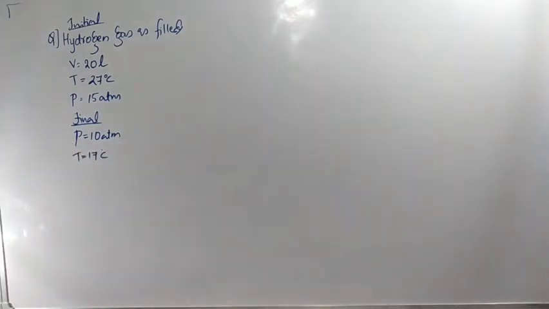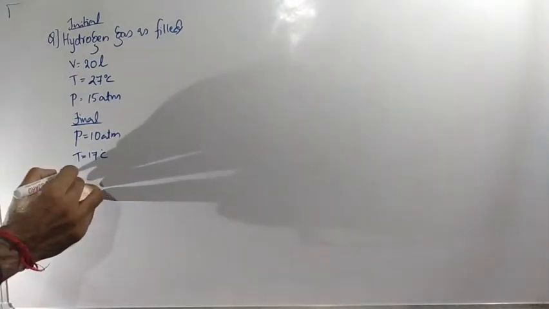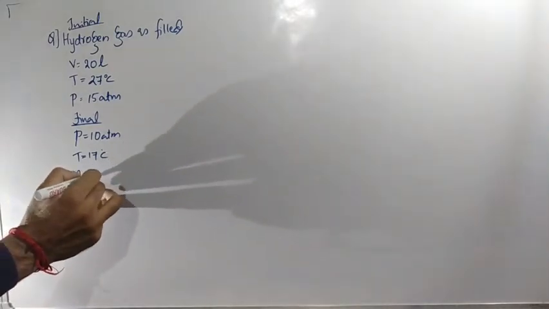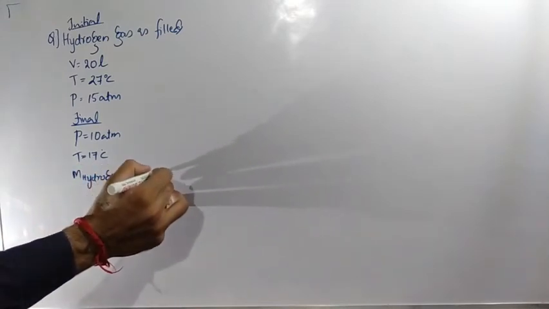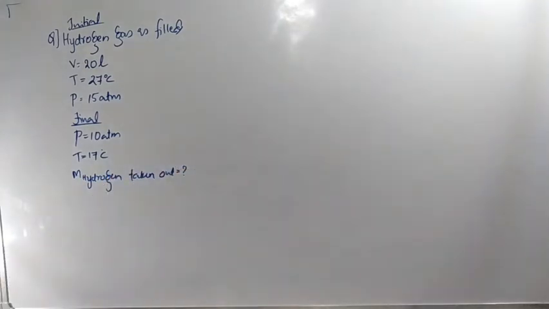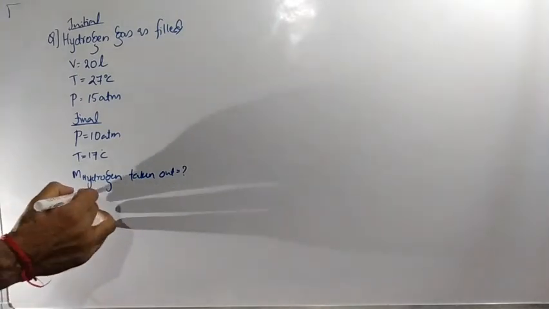Next, find the mass of hydrogen taken out from the container. They are asking for the mass of hydrogen taken out. Given that R value is 8.31 joule per mole per Kelvin. Very good, R value is given to you.